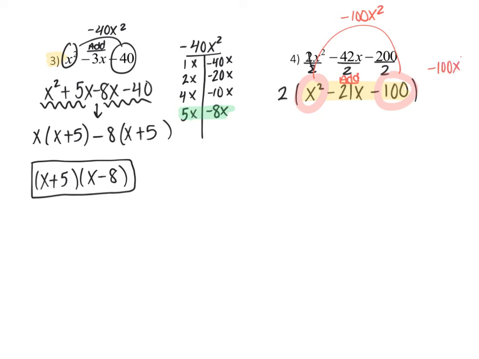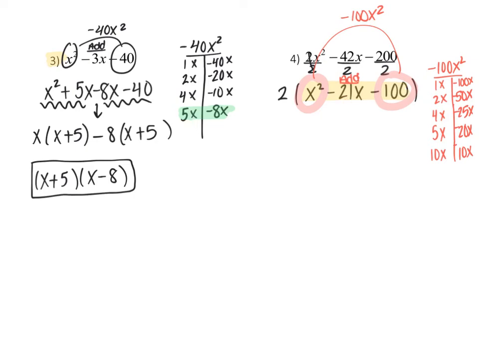So if I write down my factors, I have 1x and negative 100x, 2x and 50x, 4x and 25x, 5x and 20x, and then 10x and 10x. And you can go ahead and make one side positive, the other side negative. And again, if we don't find that right pair, we'll just have to switch it.